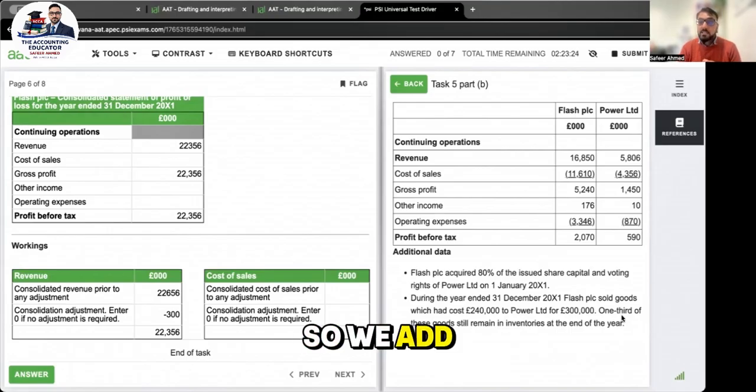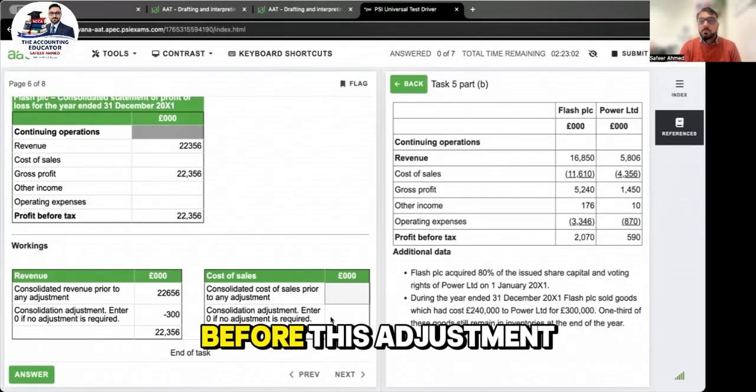So we add that back. In a nutshell, remember, intercompany purchase of 300 we must remove, but then we are adding back 20. So the net effect is that we are going to deduct 280 here.